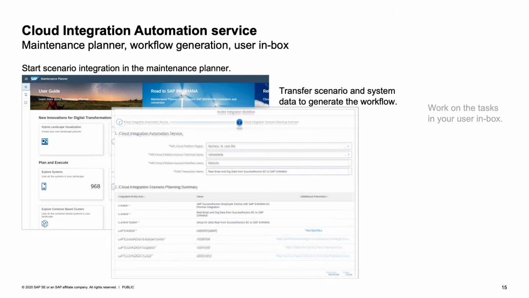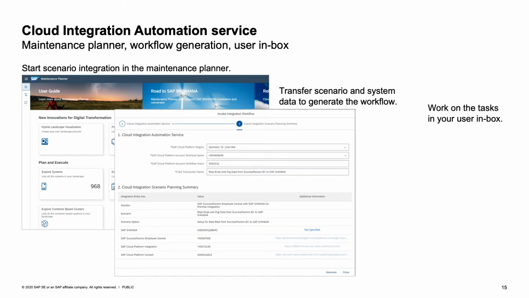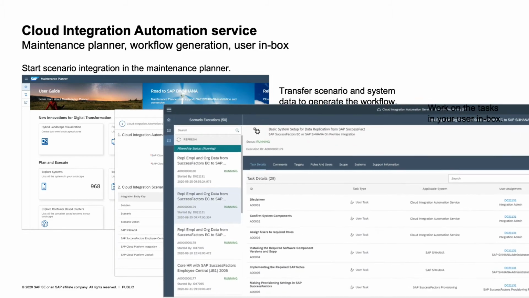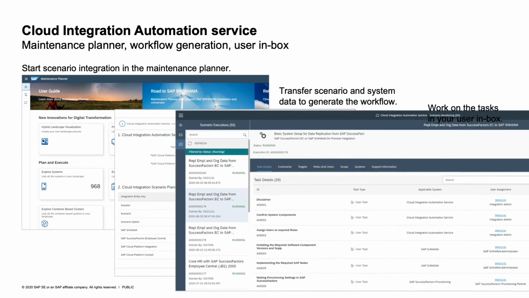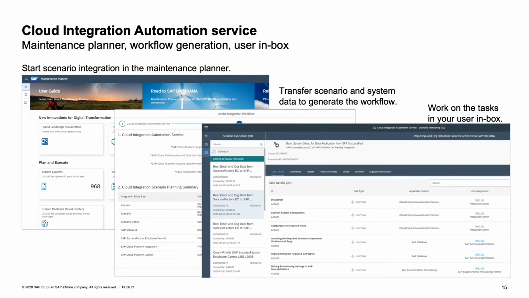This workflow constitutes all the tasks, which are then assigned to different users of different roles, and then users need to perform these assigned tasks to complete the configuration setup. So that was a quick overview of the 3 main capabilities for hybrid use cases.